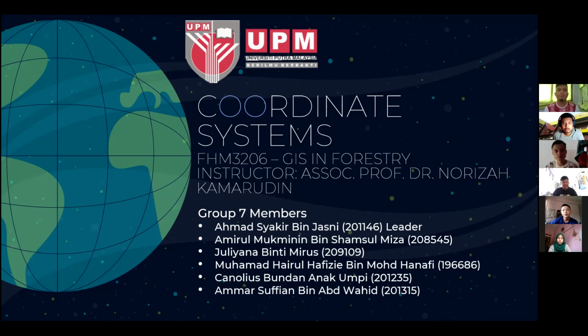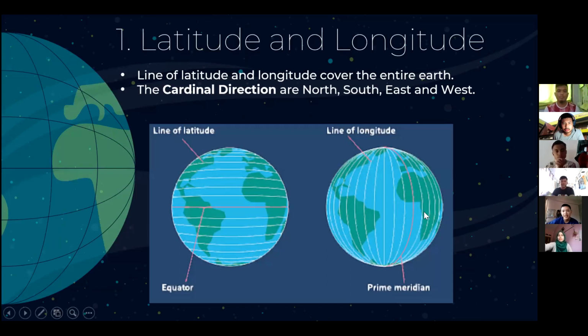So moving on to the first part. Latitude and longitude cover the entire Earth. They allow and help us to find any location. So the cardinal direction. What is cardinal direction?